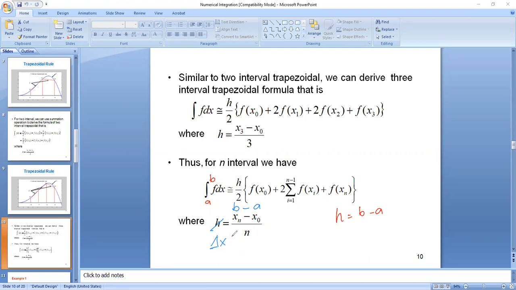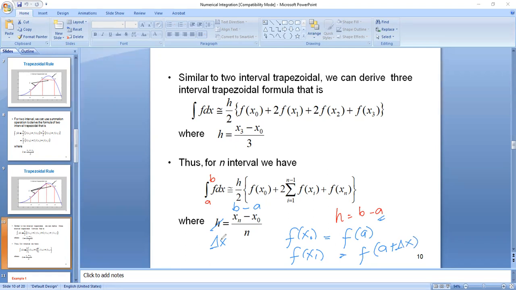Okay, what's the purpose of this delta x? The first term you will have is f of x sub 0, which is just equivalent to f of a, the lower limit. That's your x sub 0. The f of x sub 1, which you need to multiply now by 2 using this formula, will be actually f of a plus delta x.